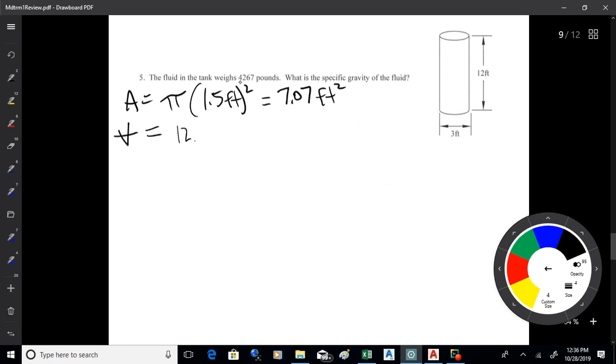All right. So that's 84.8 cubic feet. So I'm going to take the area first, pi r squared, and then I'll multiply it by the 12-foot height.